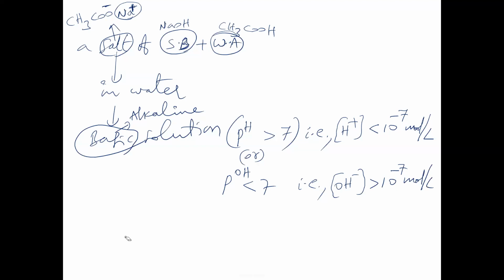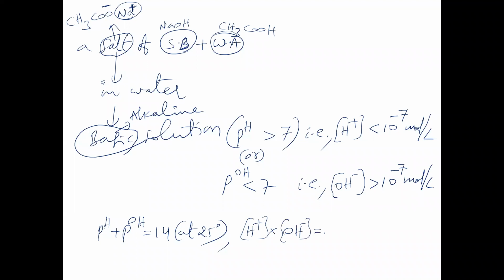Okay, so what is the relation between pH and pOH? I told you pH plus pOH must be equal to 14 at 25 degrees Celsius. And also, H plus concentration into OH minus ion concentration must be equal to 1.0 into 10 power minus 14 mole square per liter square at 25 degrees Celsius.